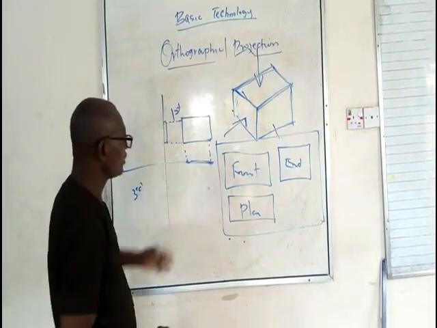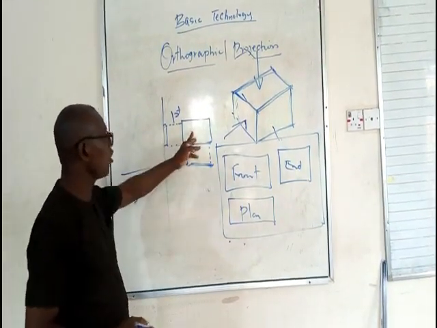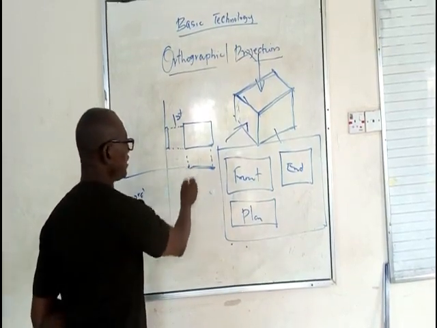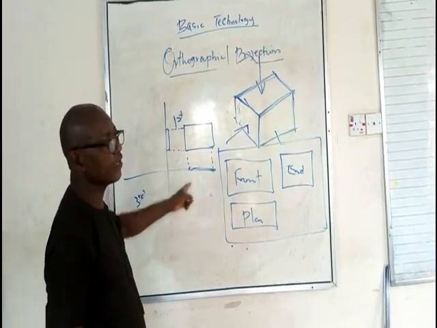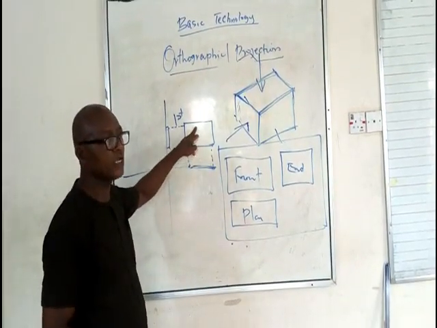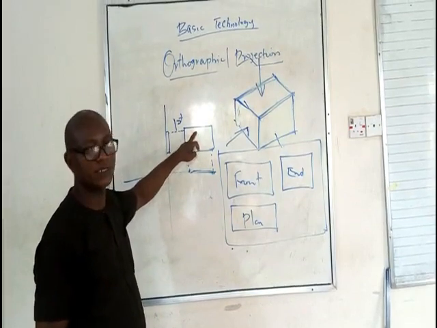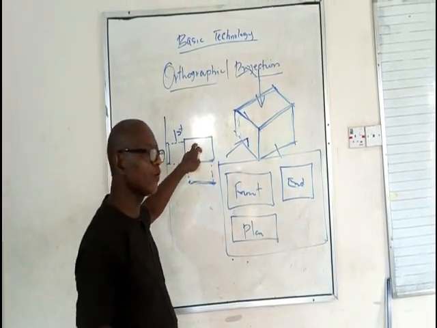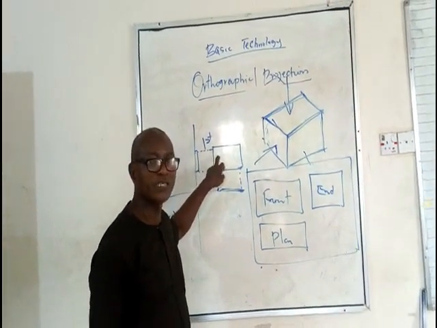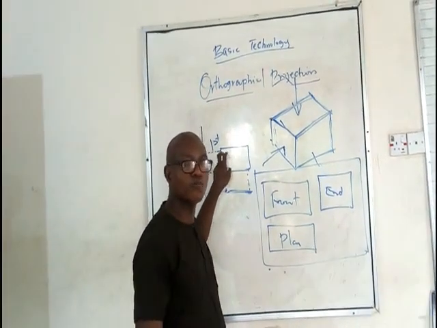In this case, when it is done this way, in the first angle projection, we see that the plan of the object will always be below the front elevation of the object. The plan of the object will always be below the front elevation in first angle projection.